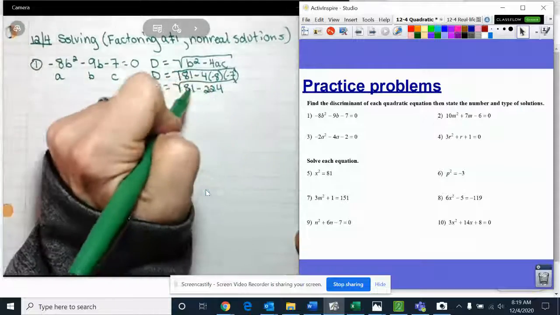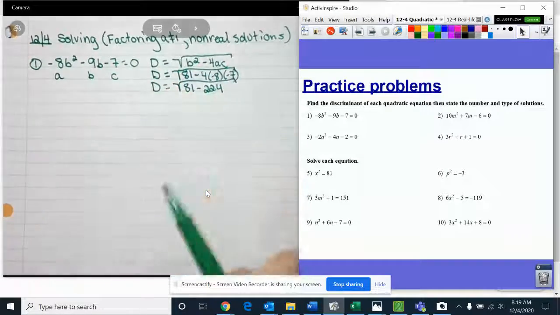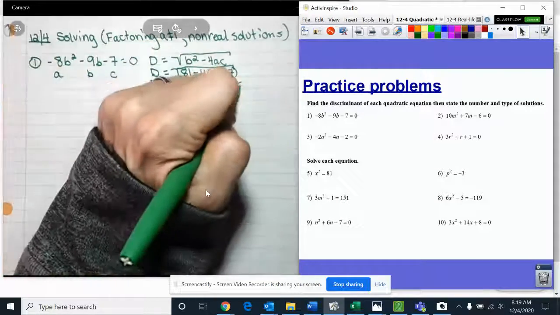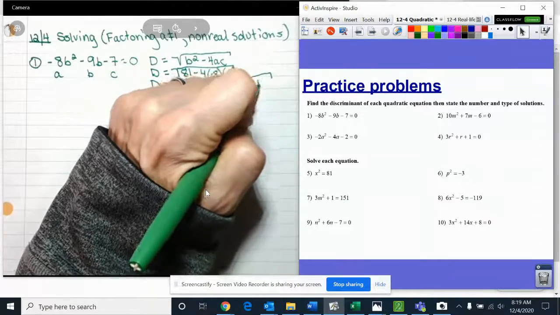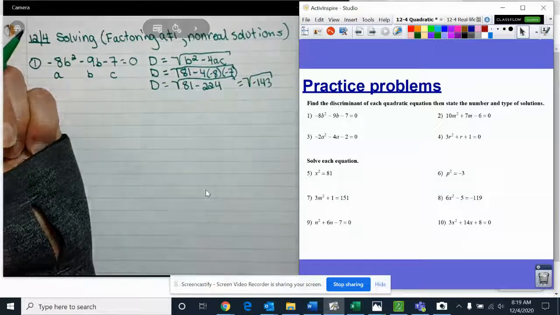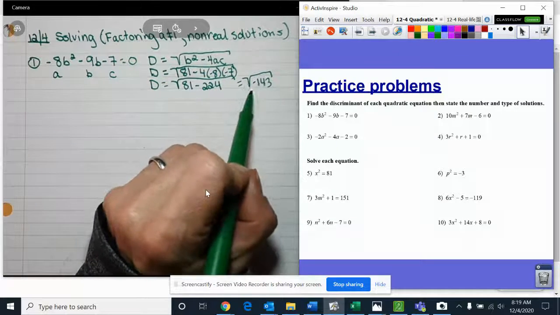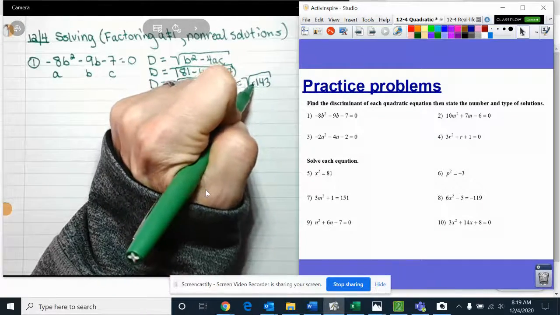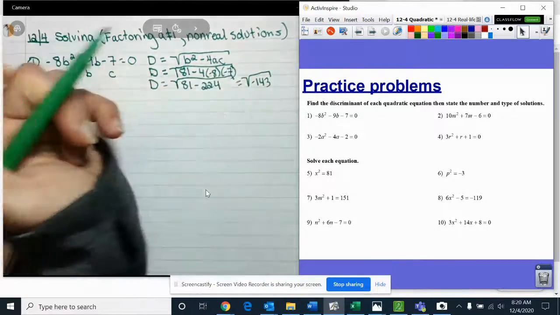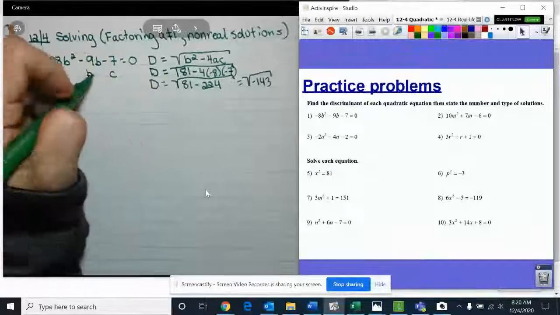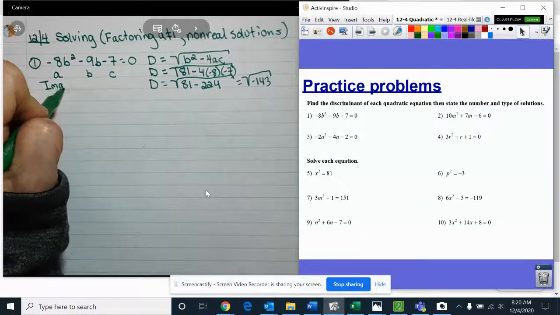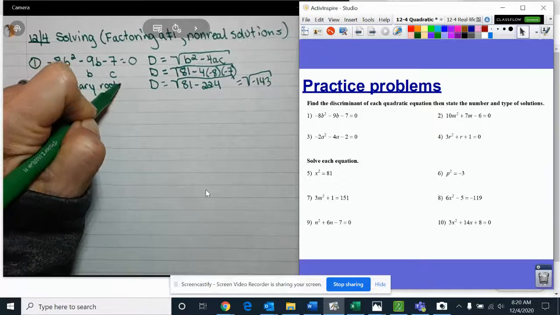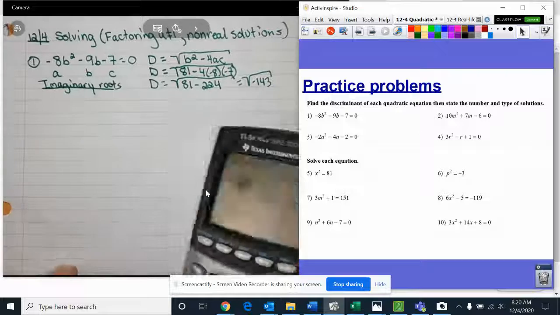And so this value, feel free to continue subtracting, is negative 143. Okay, so that discriminant is negative. And because negative 143 is less than 0, we have imaginary roots. So imaginary roots would be the reason for this one.